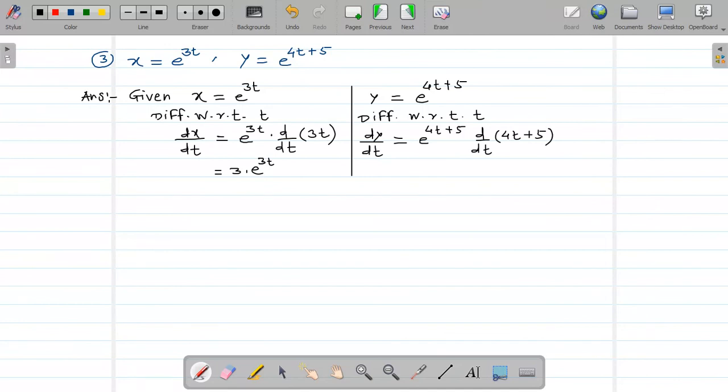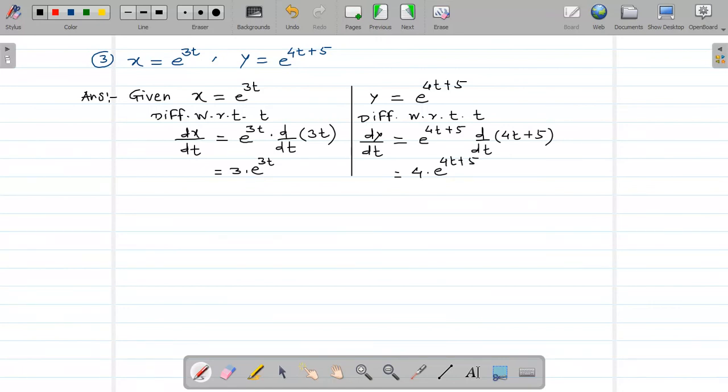Check this chain rule and try to understand it carefully. Now what is the derivative of 4t plus 5? The derivative of 4t is 4 plus the derivative of 5 is 0. So totally it will be 4. So we get 4 into e raised to 4t plus 5 as dy by dt.